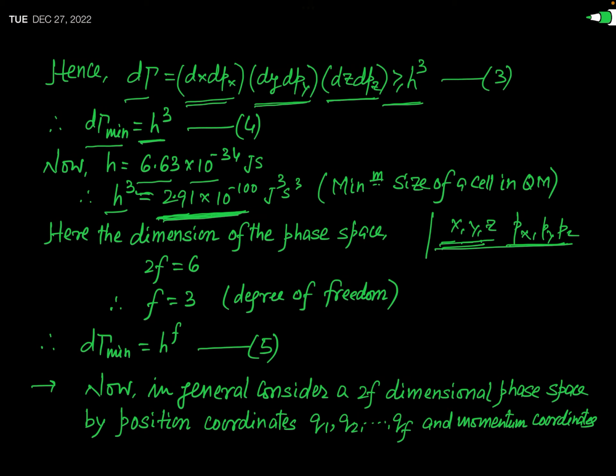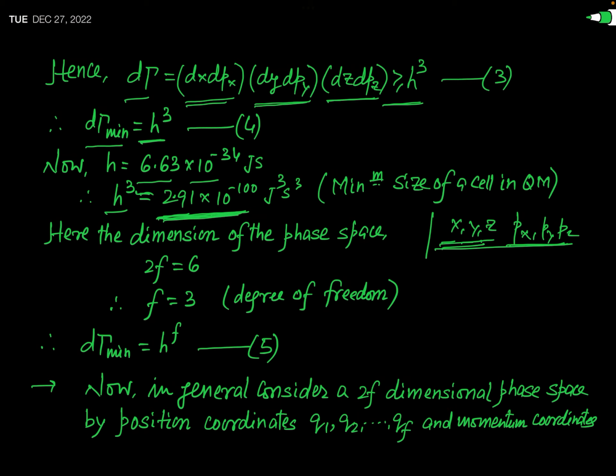You have learnt, because I explained in the previous lecture, that the dimension of a phase space depends on the degree of freedom of the system. If f is the degree of freedom of the system, then 2f is called the dimension of the space.